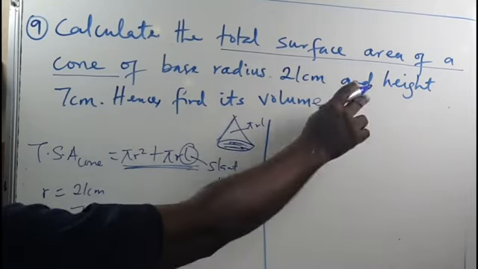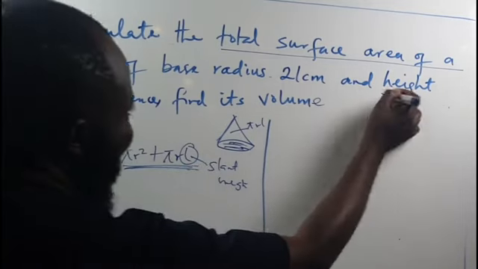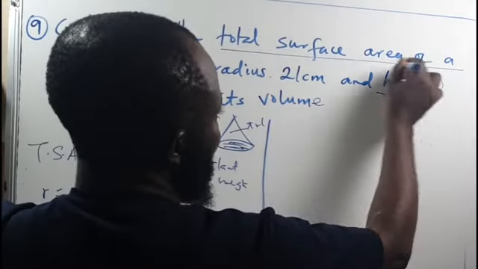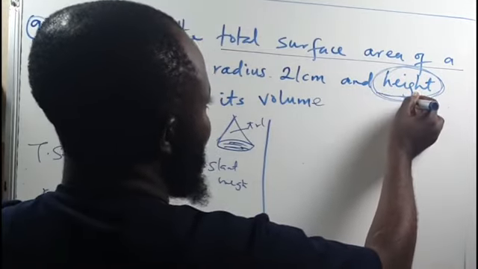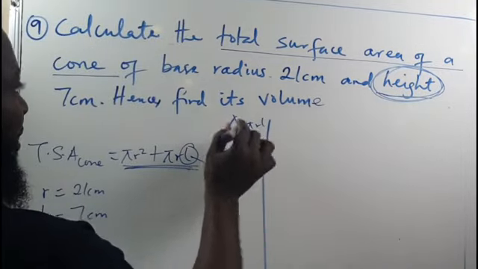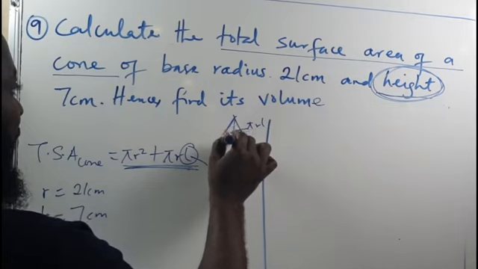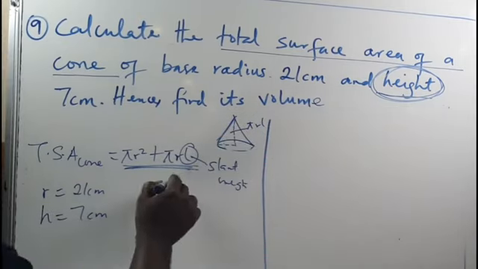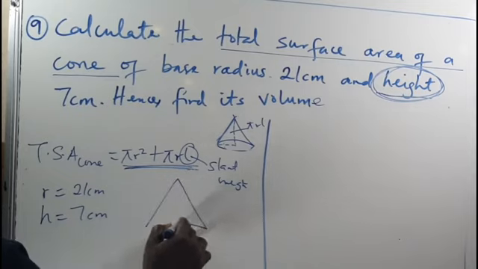The question just mentions height, whether it is slant or vertical height. They did not specify, so you regard this as the vertical height, which comes from here downward like this. So let's draw our cone.